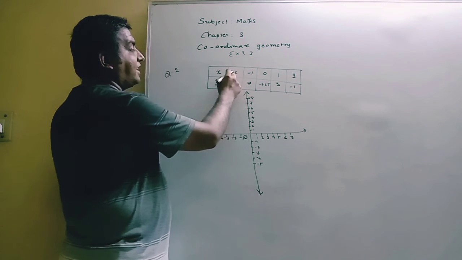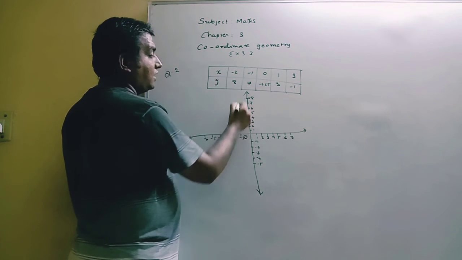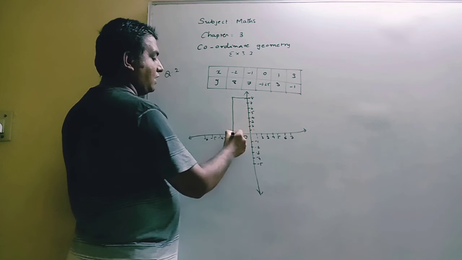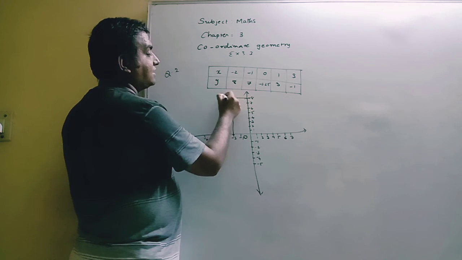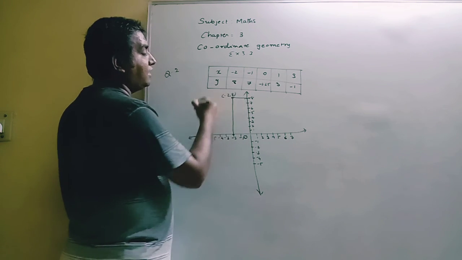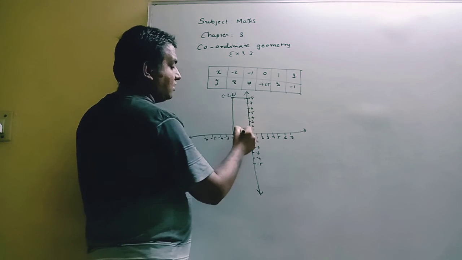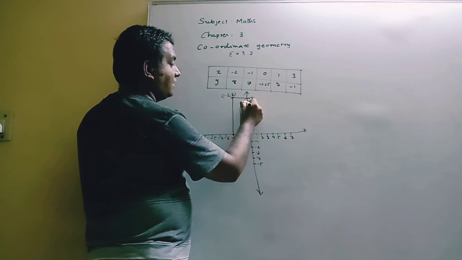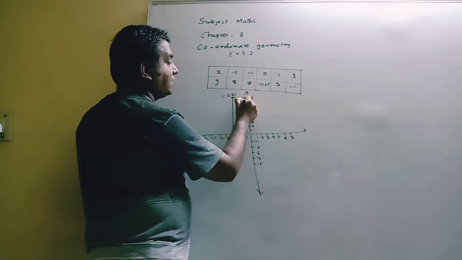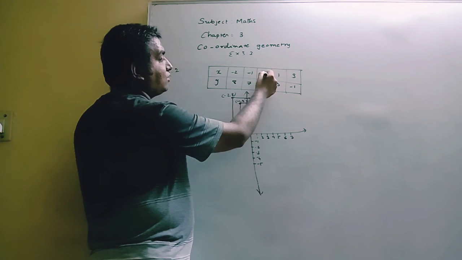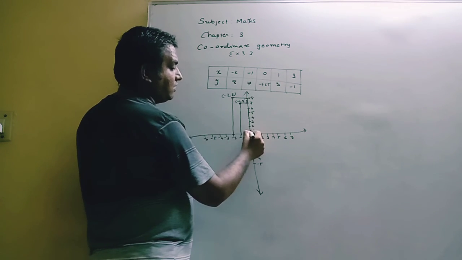So first x is -2 and y is 8. So we draw the line, and where two lines intersect, that point will be (-2, 8). x is -1 and y is 7, so (-1, 7). x is 0, then y is -1.25.